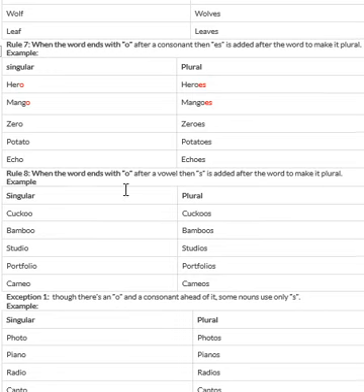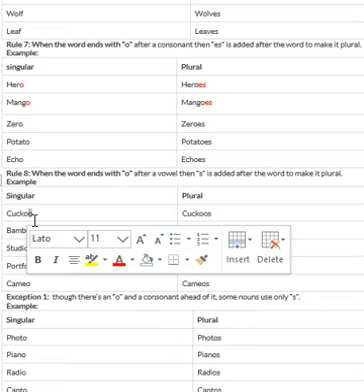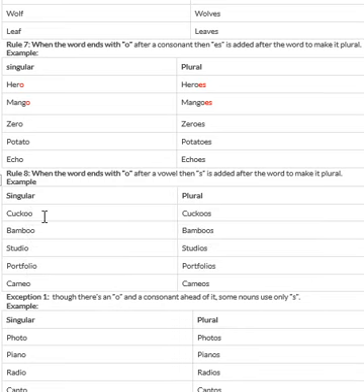When the word ends with O after a vowel, then S is added after the word to make it plural. If there are two vowels in the ending, that is the word ends with O and there is another vowel before O, then only S makes the word plural.